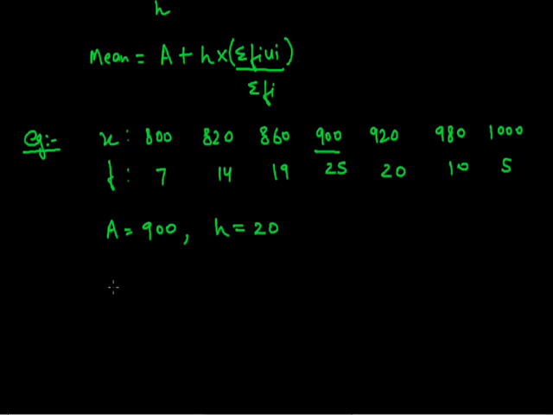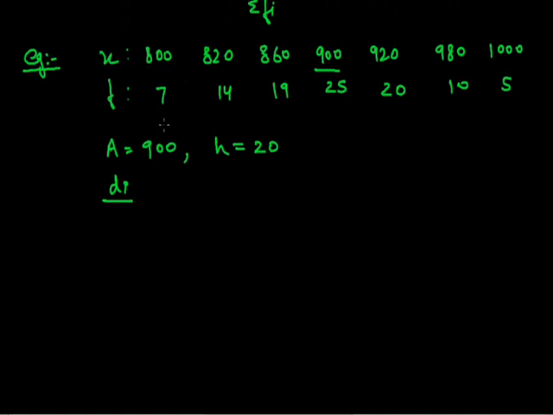As we know, the deviation is observations minus assumed mean. So the observation here is 800 and the assumed mean is 900.